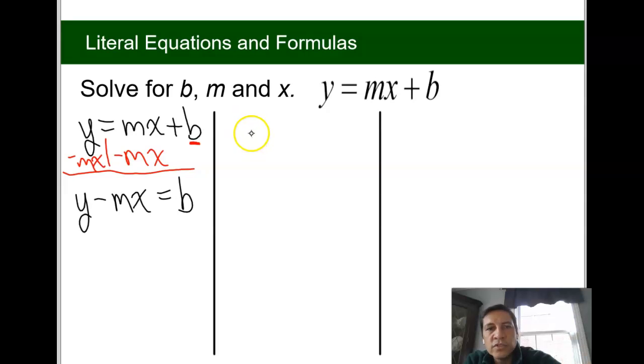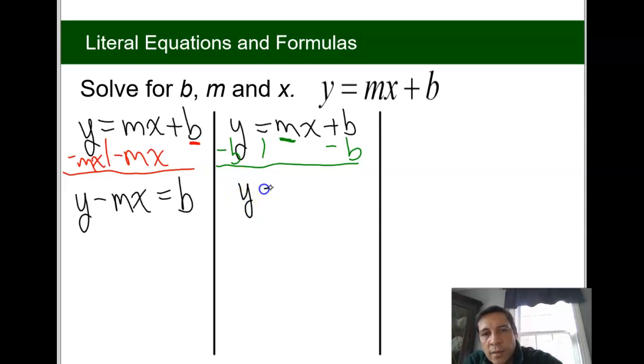All right, now I want to solve this for m. Y equals mx plus b. How do I get the m by itself? Well, first I've got to get rid of this term b here, so I'm going to subtract b on both sides. I get y minus b is equal to mx. I want to get the m all by itself, so what do I have to do?